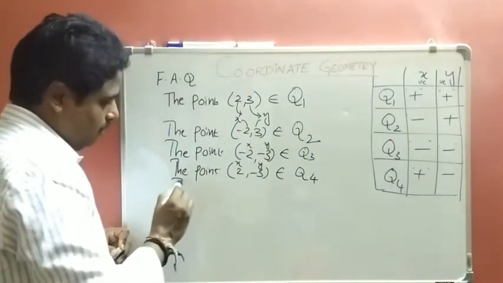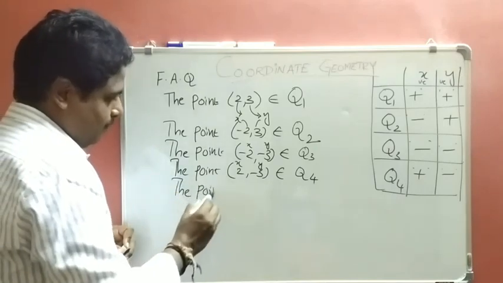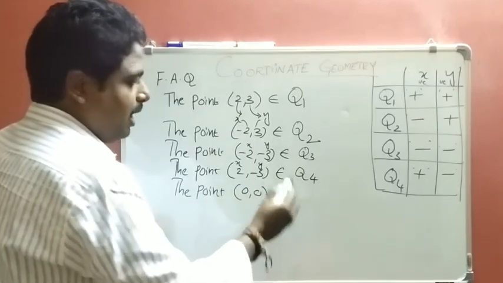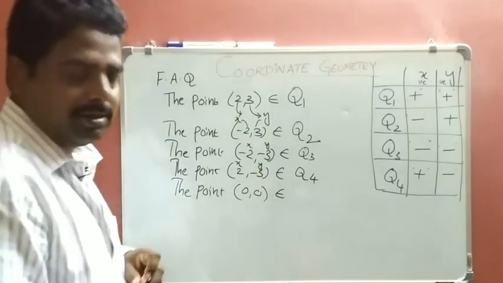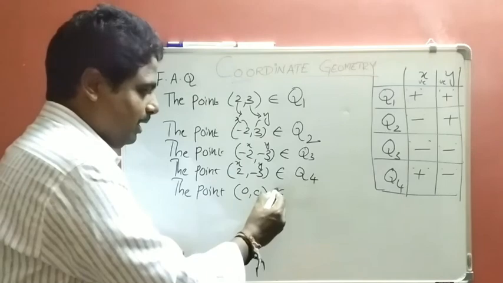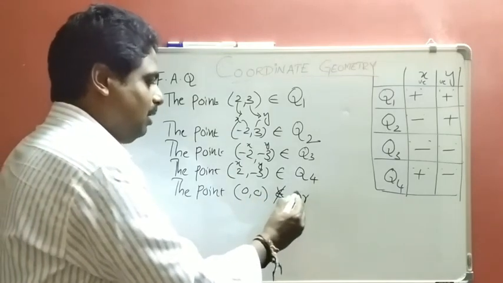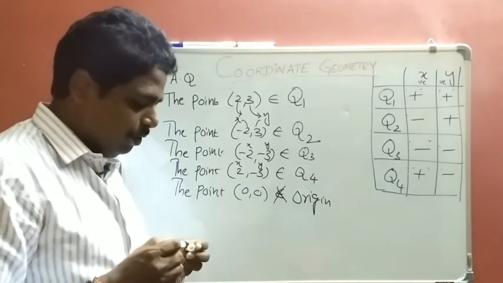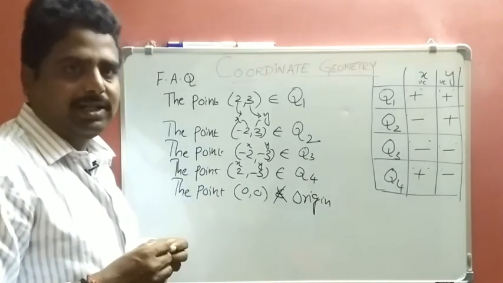Now the point (0, 0) does not belong to any quadrant. This is called the origin, which is the point of intersection of both the horizontal line and the vertical line.